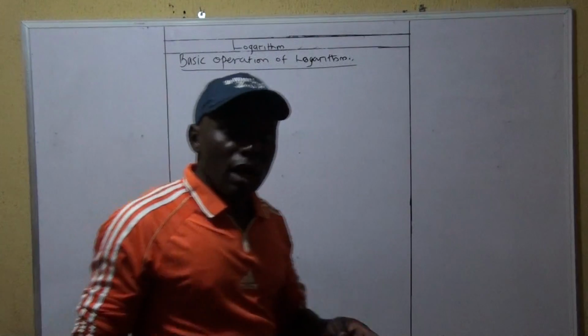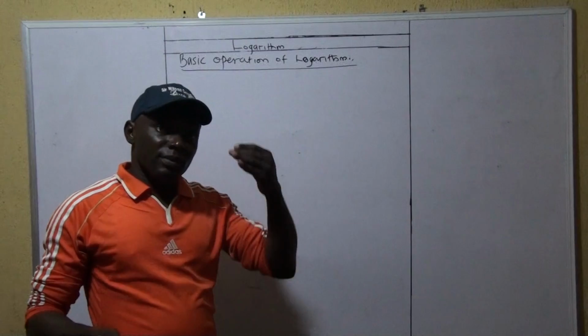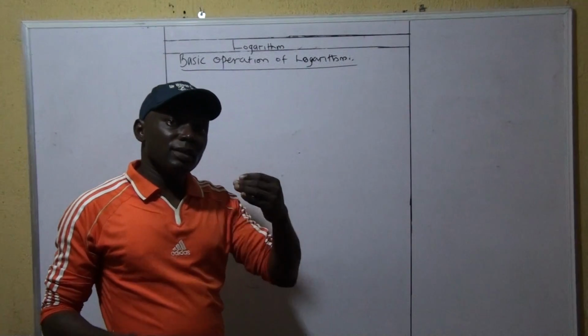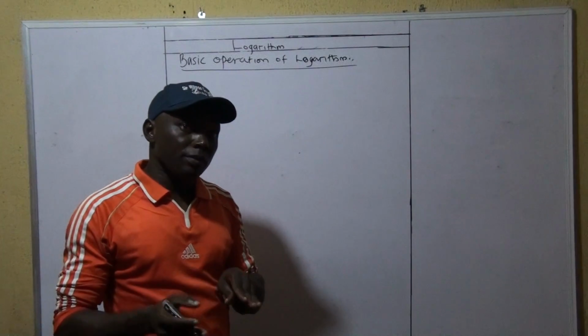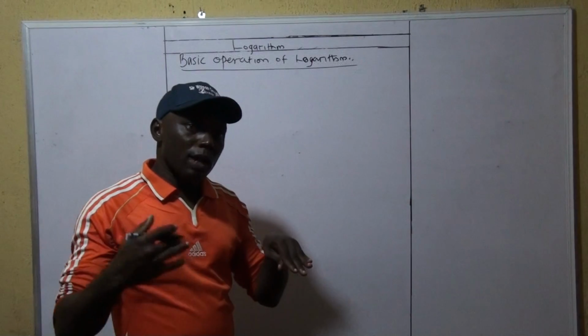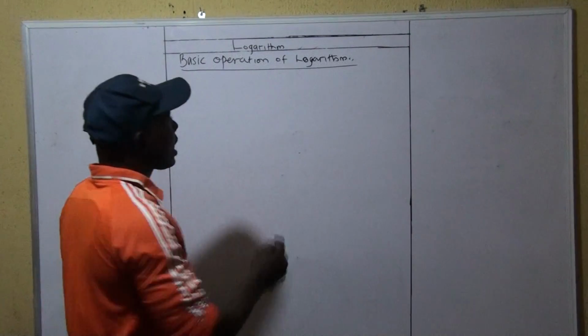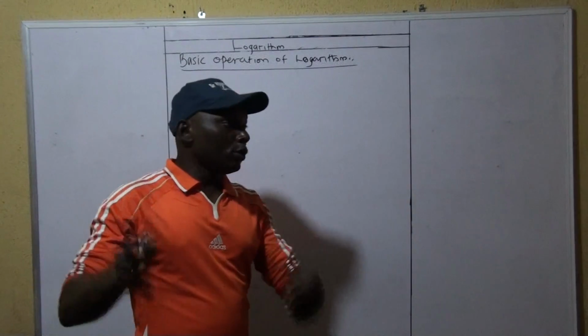First, I defined logarithm. I specified the laws and their proofs. So we're going to basically start with all of them. We start from the definition and the laws one by one so that we can see how they operate. So those are the things we're going to do in this video.